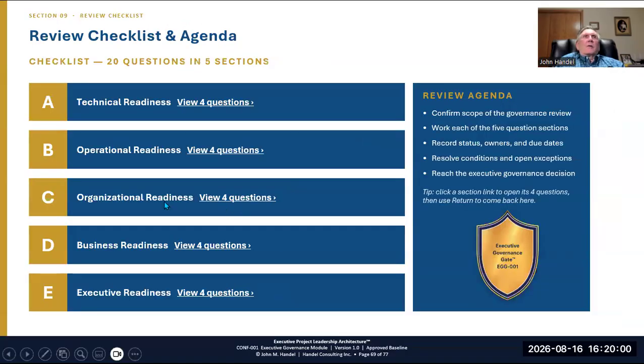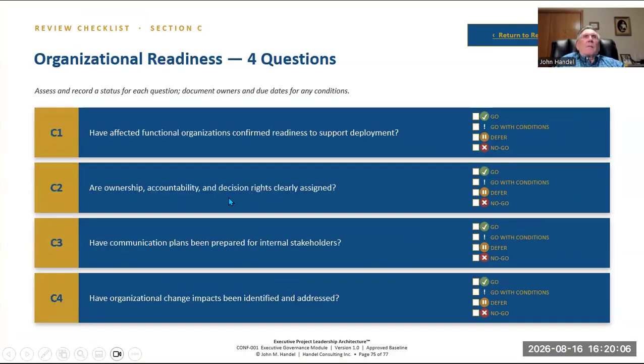And then we get into organizational readiness. Have affected functional organizations confirmed readiness to support deployment? Are ownership, accountability, and decision rights clearly assigned? Have communication plans been prepared for internal stakeholders?